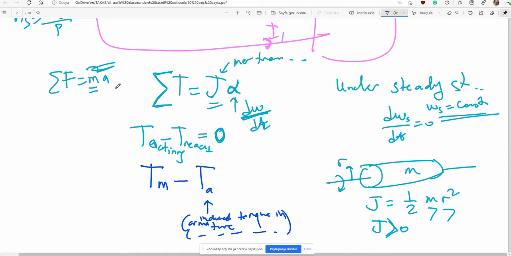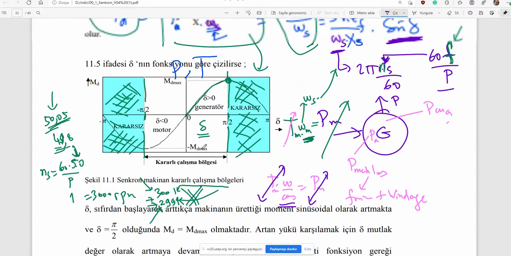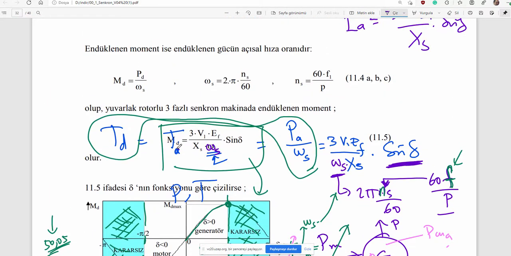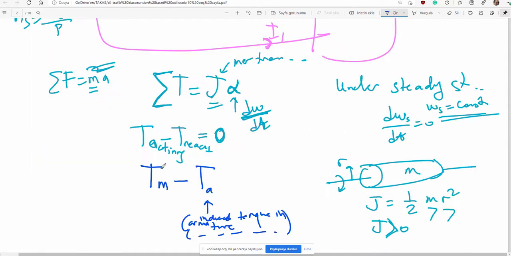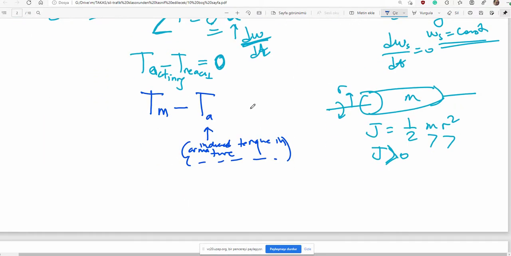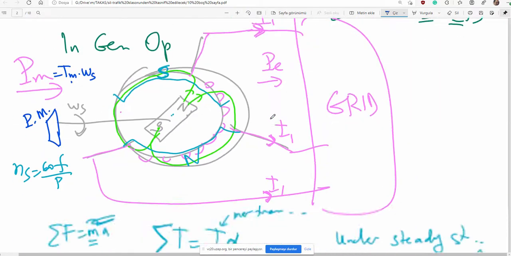We already calculated that somewhere here, you remember. That is the converted torque, that equation. And then it is equal to 0. Mechanical torque is equal to electrical torque. System at an equilibrium point, at a balance. So speed is constant, there is no change in the speed.